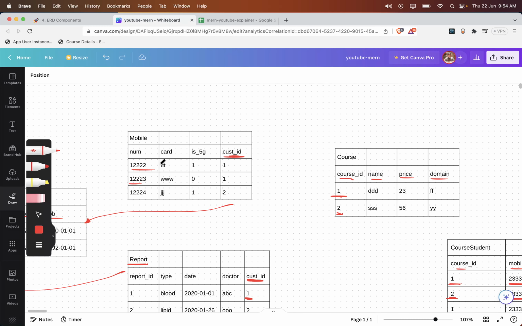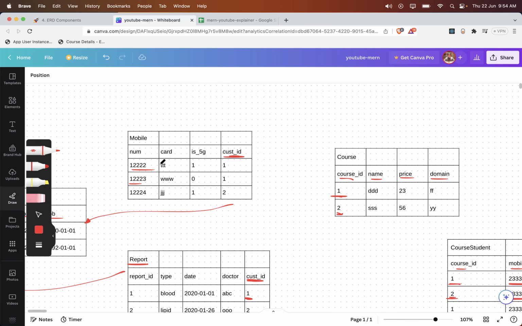Common symbols include 1, 0 dot dot 1, 0 dot dot star, and 1 dot dot star. So I have given a generalized solution over here, 1 and n, that is okay. A lot of people use a lot of notations, but I personally follow this notation to show you the ERD diagrams.